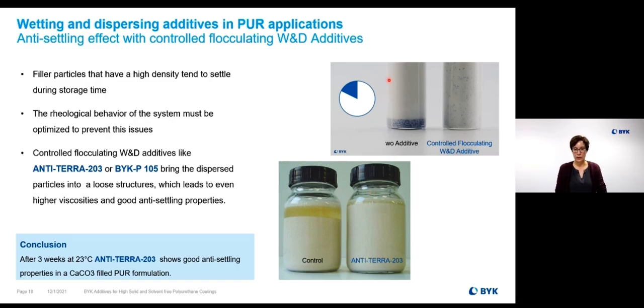Also here, what you see is we have two glass jars, left-hand side again without wetting and dispersing additive. And you see that the particles are totally settled down. With using a controlled flocculating wetting and dispersing additive, you see that over a certain time, still the particles are well distributed in the paint or in the coating matrix.